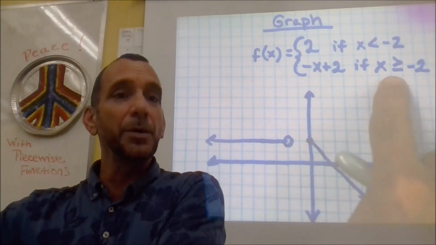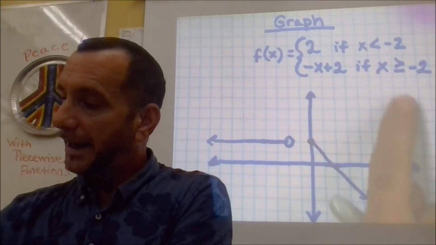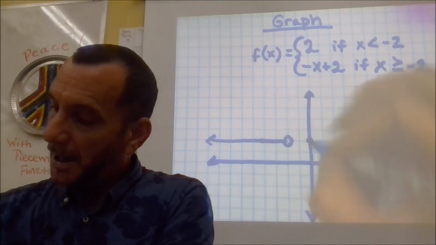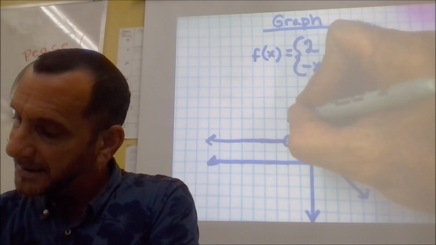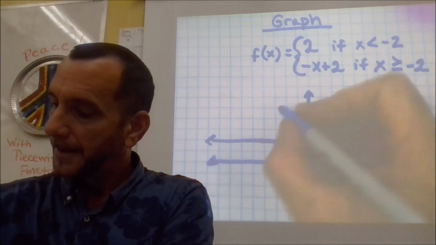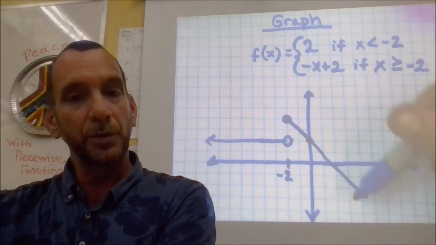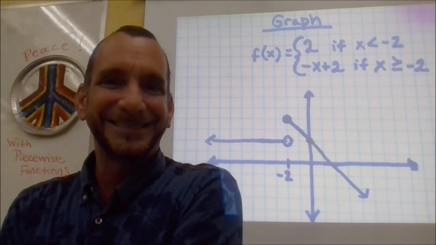However, in our piecewise function, we're saying it's only occurring when x is greater than or equal to -2. So actually we can extend this line all the way till we get to -2, and that is when x is greater than or equal to -2, we can draw the line.